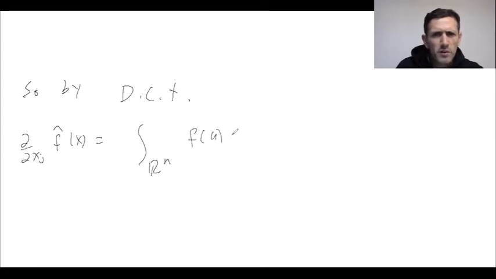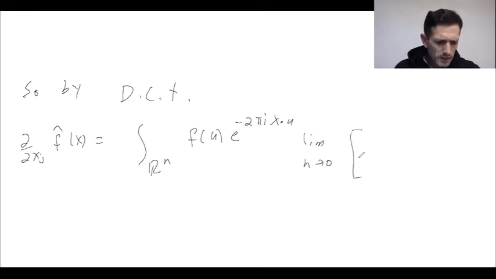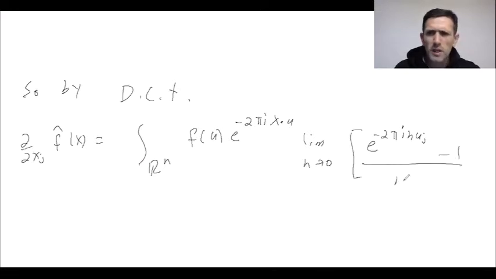So it's f of u, e to the minus 2 pi i x dot u, and there's this limit here, e to the minus 2 pi i h uj minus 1 over h, du.